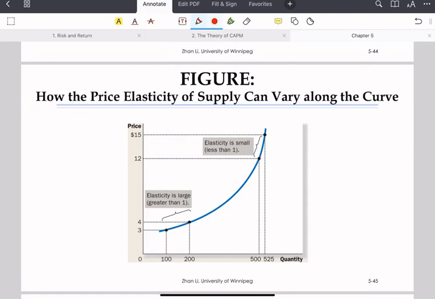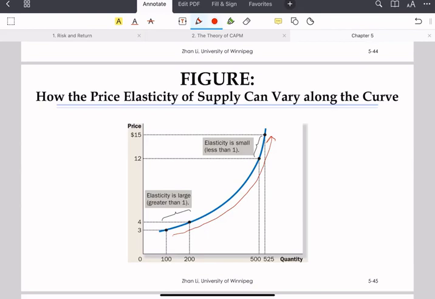So here you can see that as we increase our price, as we move along this supply curve, in the beginning, the elasticity is large, which is larger than 1. And as we continue to increase our price, the elasticity will become small, which is less than 1, right? So why do we get this result?